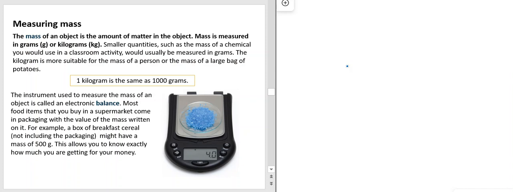If we think about everything in the universe, including ourselves, it's made up of two things: matter and energy. And to measure matter we use mass. Matter has two properties.